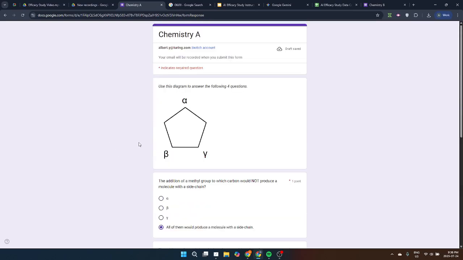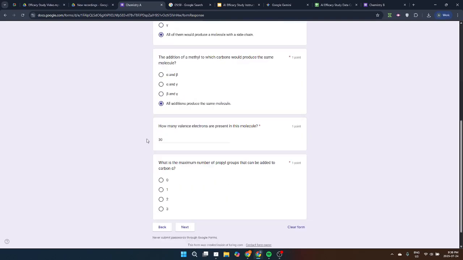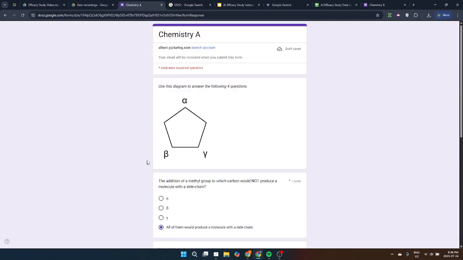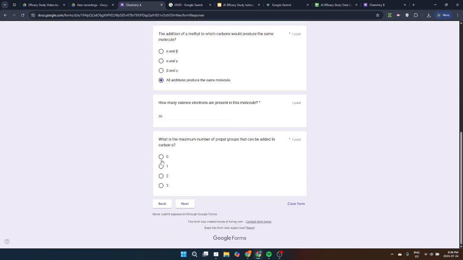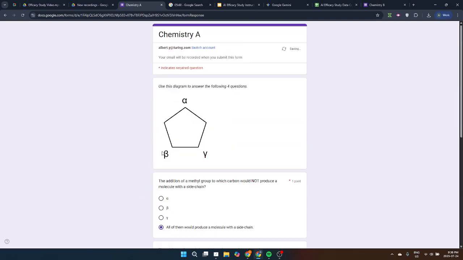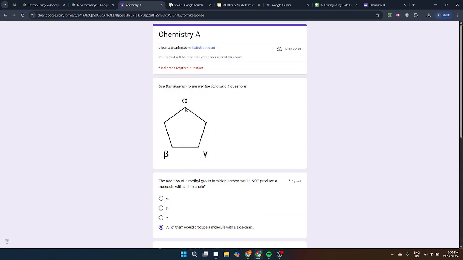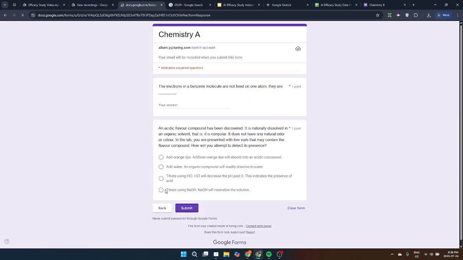Yes, okay, that works. What is the maximum number of propyl groups that can be added to carbon A? Okay, 2. Yes, 2.